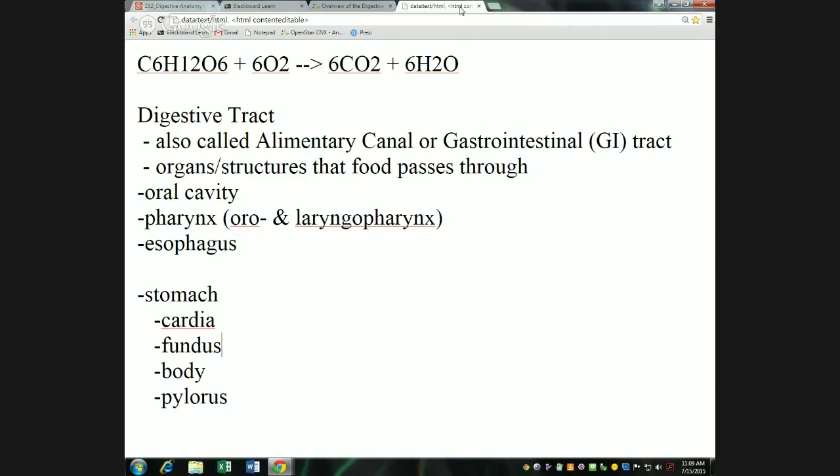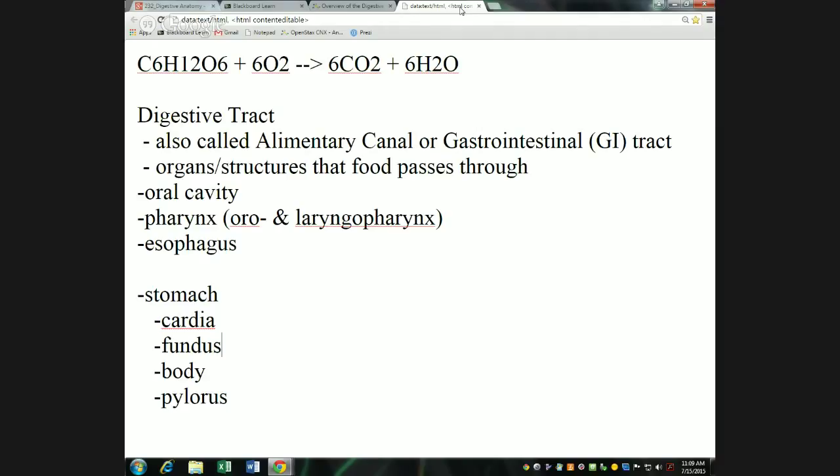Just a word about the fundus real quick. The word fundus is a general term that means a part of an organ that bulges up or arches up over something else or beyond something else. So the fundus of the stomach is just the part of the stomach that is arching up above where the esophagus attaches to it.